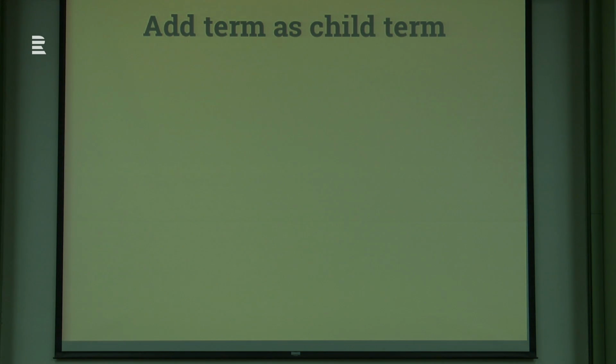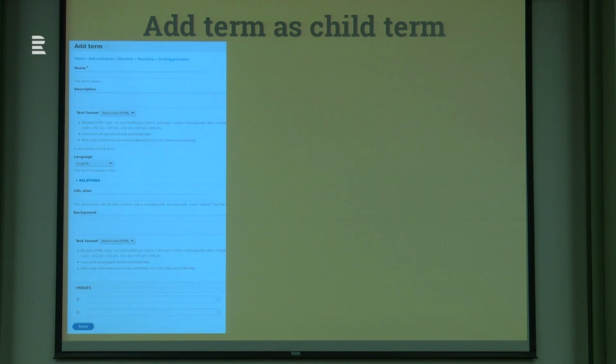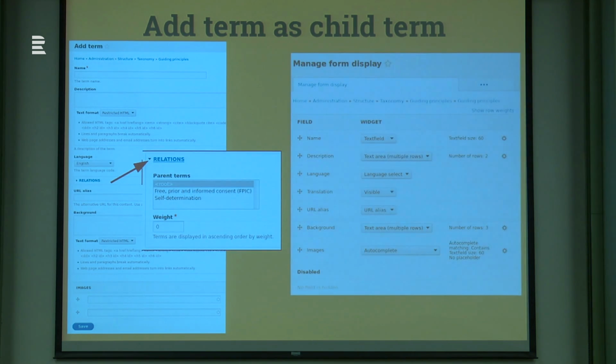If you want to add a term as a child term to something else, like add apple as a child term to fruit, but you have already added some other fields onto your taxonomy terms, you get this kind of list that has different fields, images, and in between, you actually have the place where you could add that as a child term to another one, and that's a collapsed little link that says relations. If you click on that, it suddenly expands and you get the list of child and parent terms.